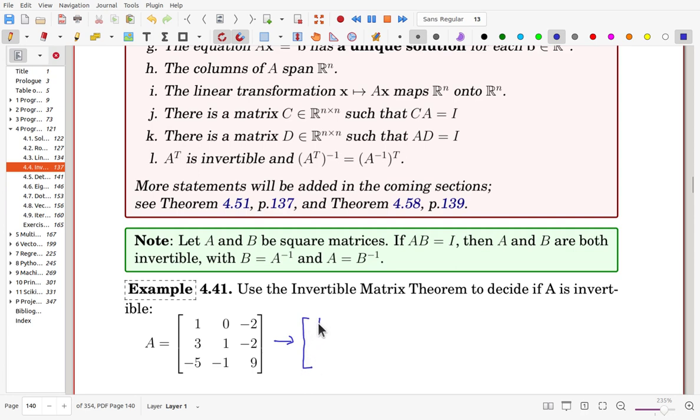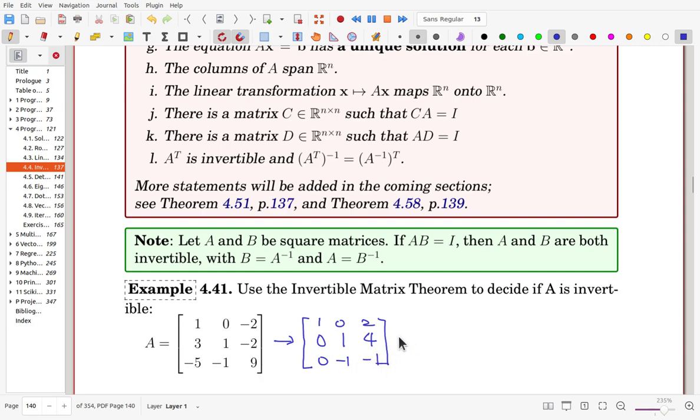So 1, 0, 2, the first row is not changing. And then here, subtracting 3 times the first row will make a 0. Subtracting 3 times, the same, 1, because it's 0. Subtracting 3 times, 6 is added, so it will become 4. And adding 5 times, the first entry is 0. Adding 5 times, minus 10, so it is minus 1.